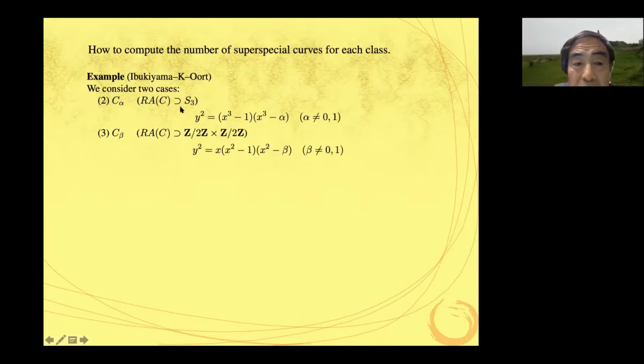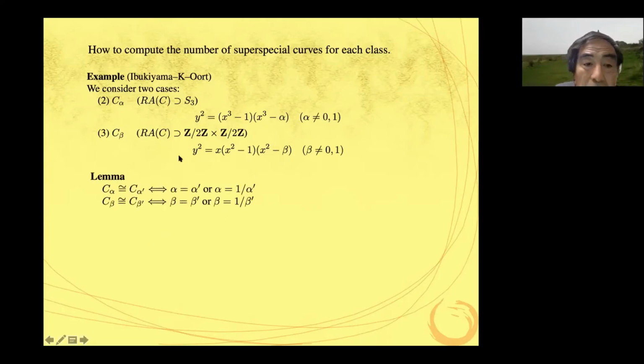Then it is easy to show such a curve has such a normal form. Also, this curve has such a normal form. It is not difficult to show. And we can check when they are isomorphic to each other. If you give α and α', for example, then C_α is isomorphic to C_α' if and only if this or this. C_β is also the same.